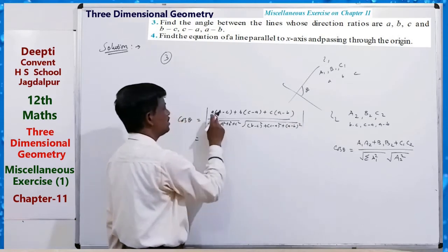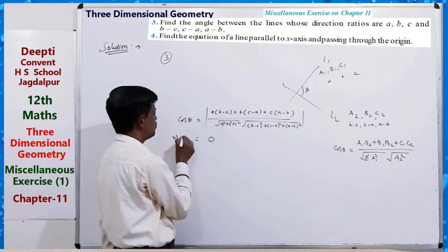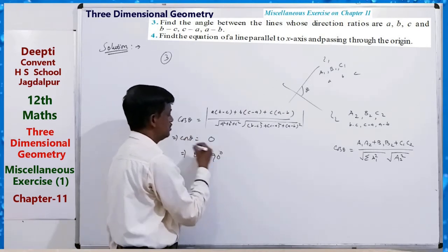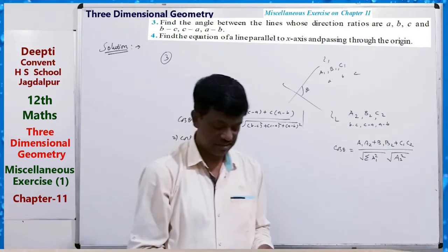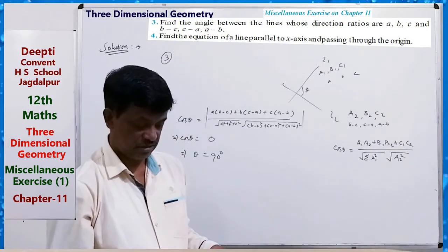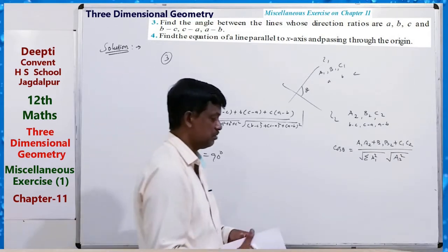By solving, this is equal to 0. So cos theta equals 0, so theta equals 90 degrees. This is the answer to question 3. Simple question.